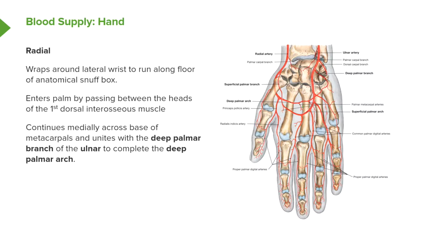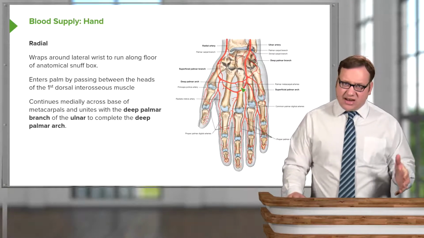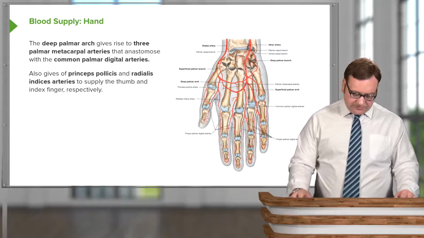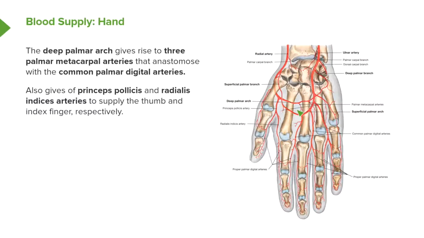We have two complete palmar arches. We have the superficial palmar arch, which is coming primarily from the ulnar artery, but connects to the radial. And we have the deep palmar arch that is coming primarily from the radial artery and is in connection with the ulnar artery. The deep palmar arch gives rise to three palmar metacarpal arteries.